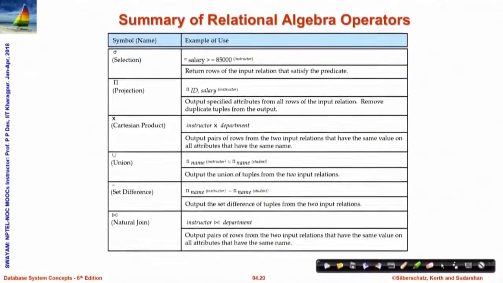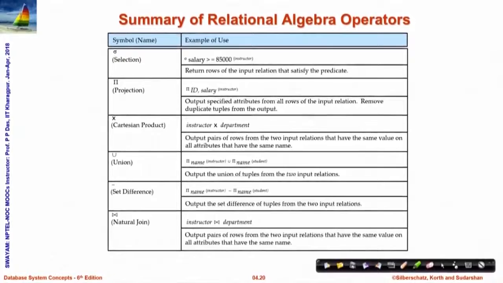So, we talked about selection, which takes rows selectively. We talked about projection, which takes out certain columns of a table. We talked about Cartesian product of two relations, which makes all possible combined rows. We talked about union of records from two tables having identical sets of attributes. We talked about set difference, which again is the difference of records of one relation from another, given that they have identical sets of attributes.